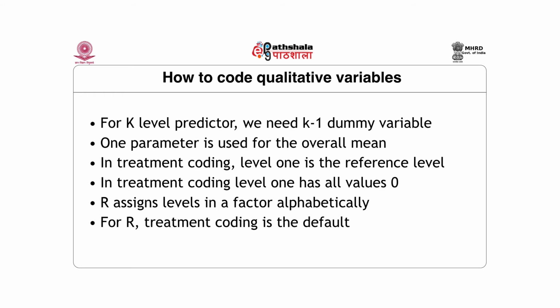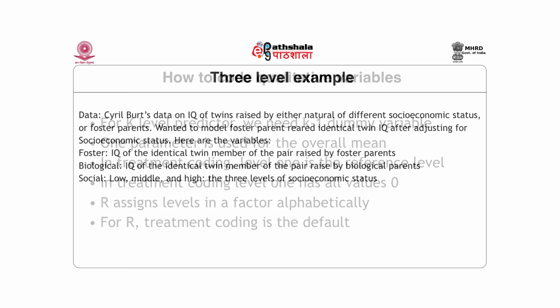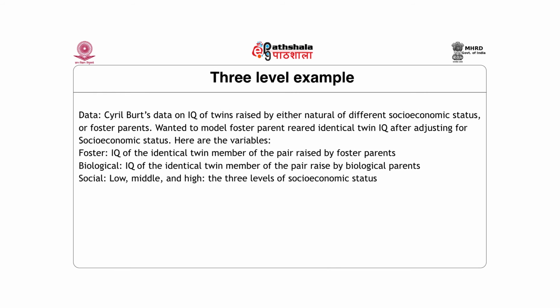So we have seen an example with 2-level variables. To make things a little bit clearer, let's take a look at an example of ANCOVA with 3 levels of explanatory variables. The data came from Sir Cyril Burt's data on IQ of twins raised by either natural or foster parents.